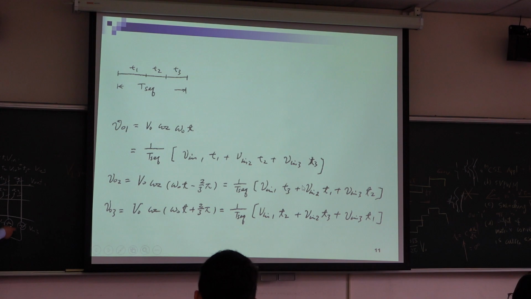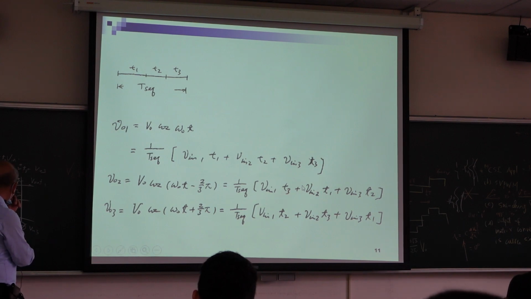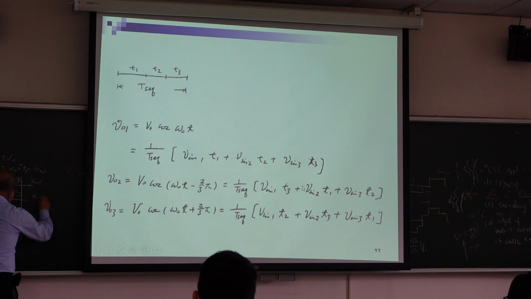Then output 2 equals output 1, right? But your output B phase is not equal to A phase. So what should you do? You have to rotate. T1, I change to here. T2, I change to here. T3, I change to here. So you can see VO2 is Vin1 T3 plus Vin2 T1 plus Vin3 T2. We shift. So this is Vout2.